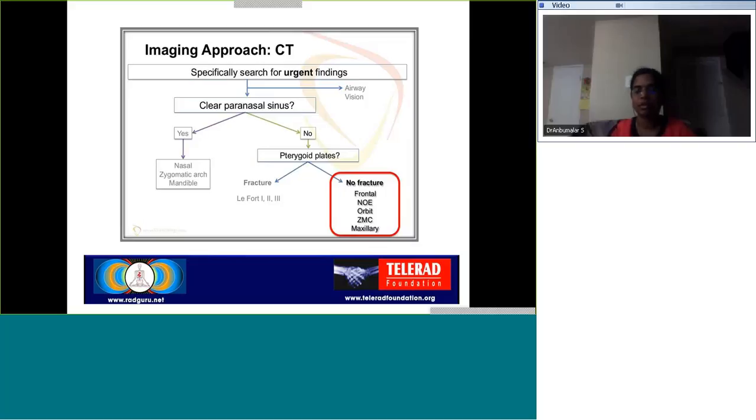Here we will see there is no pterygoid plate fracture. Then the components of the fractures are the frontal bone sinus fracture, the naso-orbital ethmoidal fracture, orbital fracture, zygomaticomaxillary complex fracture, and the maxillary fracture.